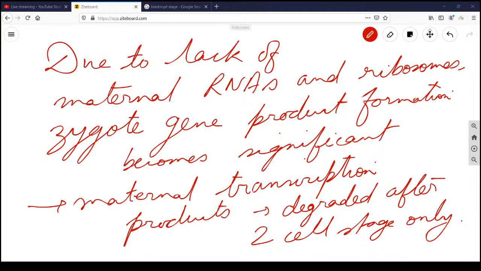So now this will stimulate the activation of the embryonic genome, which begins producing mRNAs, tRNAs, all types of rRNAs from a significant number of genes, like more than 1500 genes will start producing RNAs by the time cleavage has advanced to the 4 cell stage.